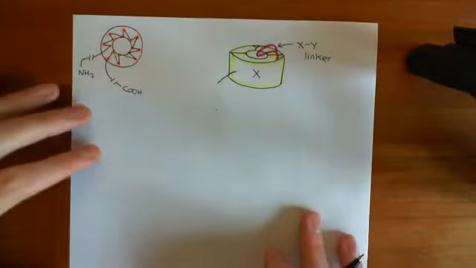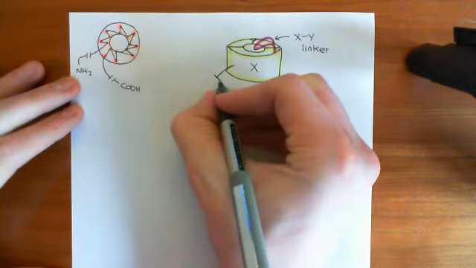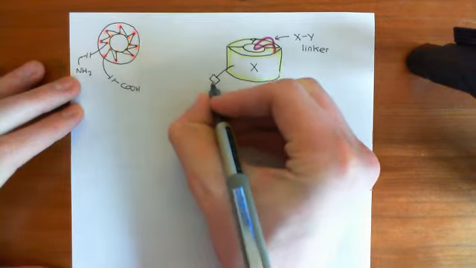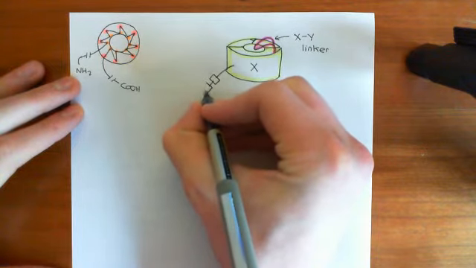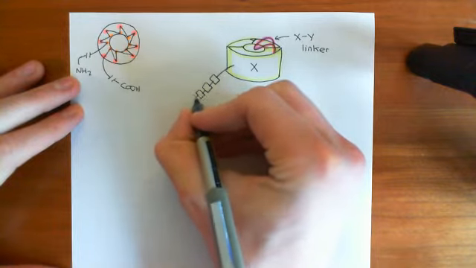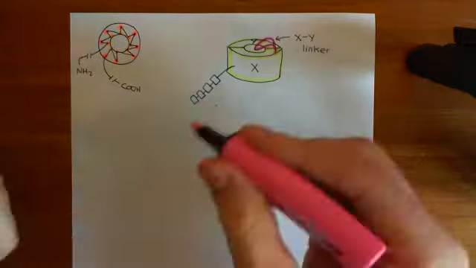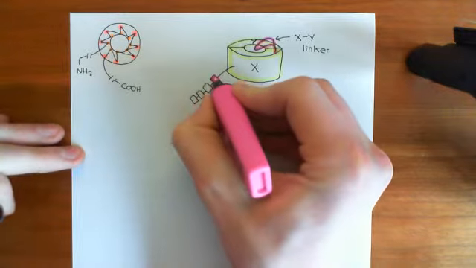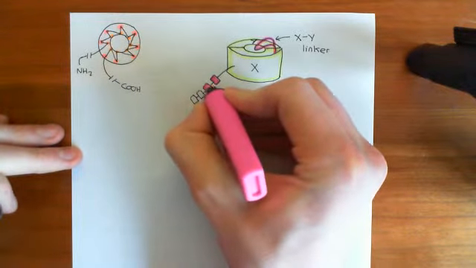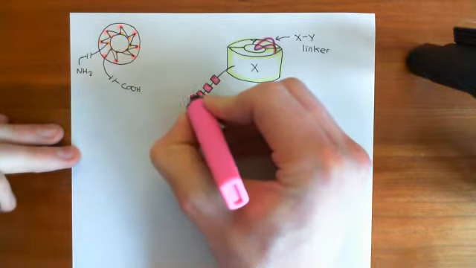Starting with the things before the X domain, you have these 4 EF hand domains, which we don't really know what they're doing. So here they are anyway. I'll colour those in purple again. But remember, they don't bind calcium in the case of the phospholipase C beta enzymes.